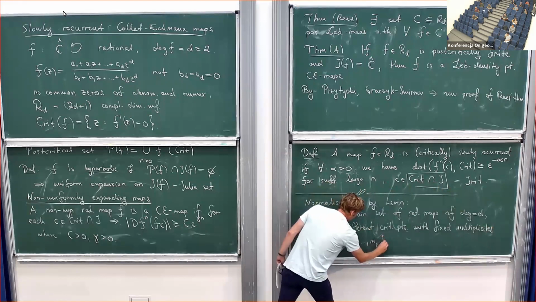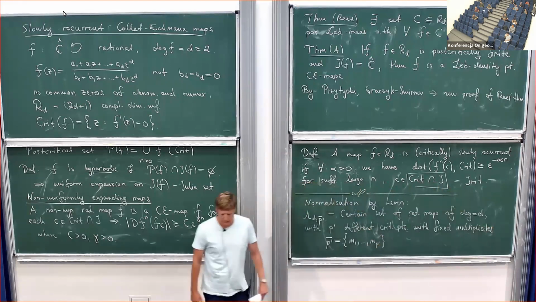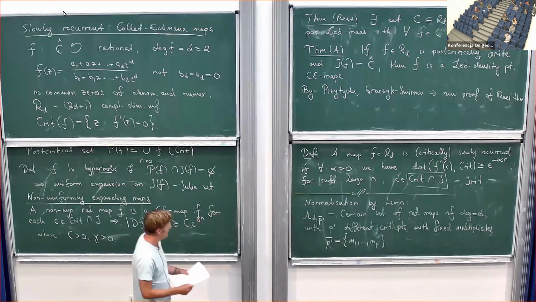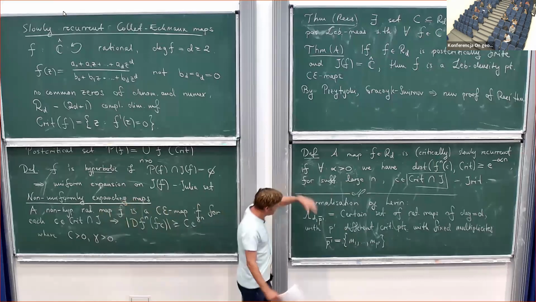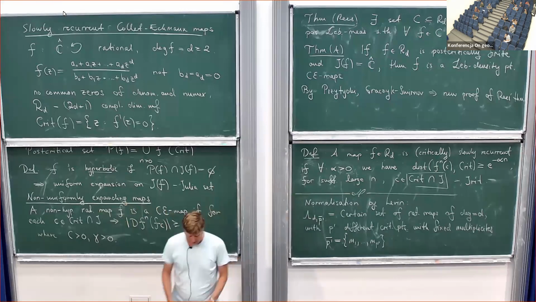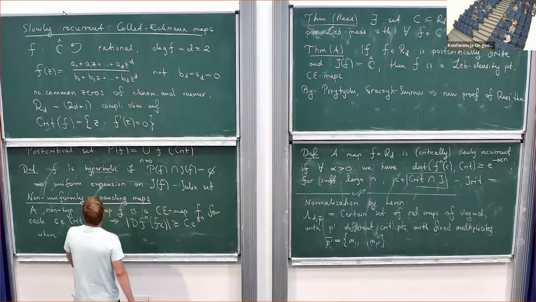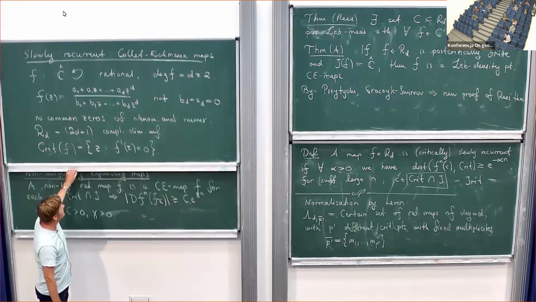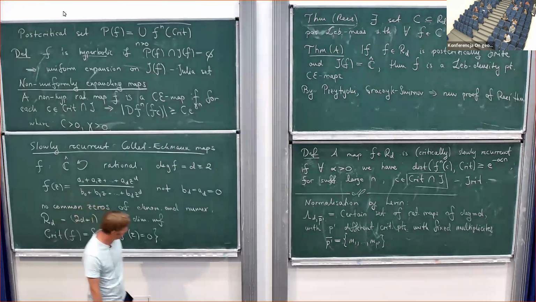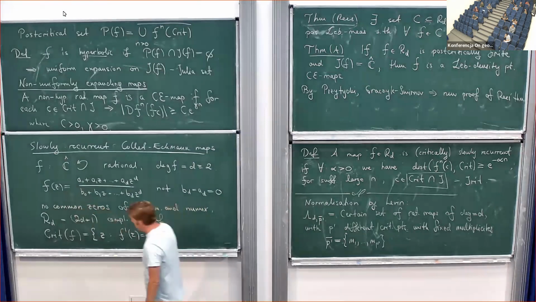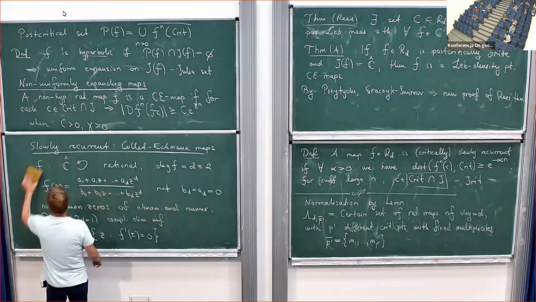So you fix that, so there is no splitting of critical points in this space. For instance, if you start with a map where all critical points are simple, then of course this is the whole space locally. So I'm going to use that normalization when I state the results here.